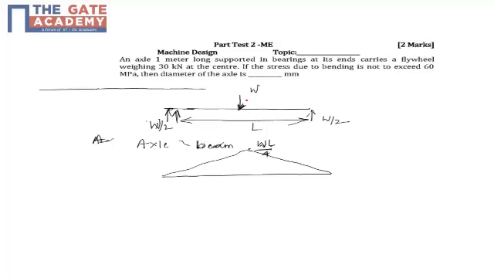The maximum bending moment is WL by 4, and we use the bending formula, M by I is equal to sigma by Y. So sigma will be M y by I, where Y is D by 2 and I is the area moment of inertia, which is pi by 64 D power 4.